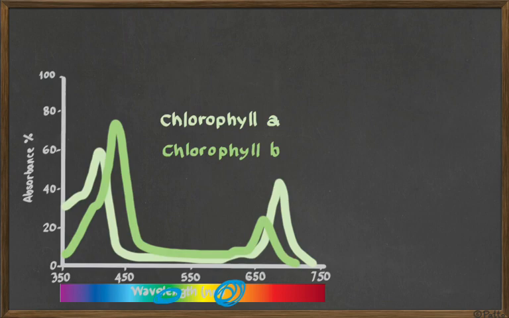This will create shades of green depending on the proportion of chlorophyll A and chlorophyll B in plants. Some leaves are going to look darker, more bluish green, while others are going to look more yellowish green.